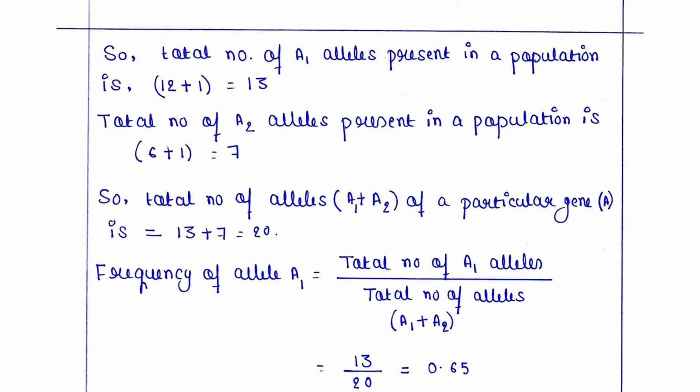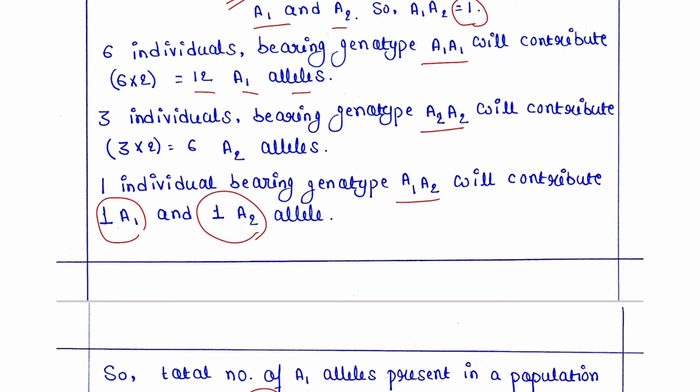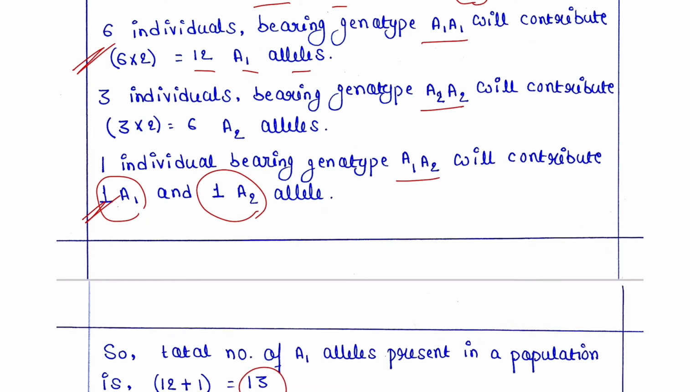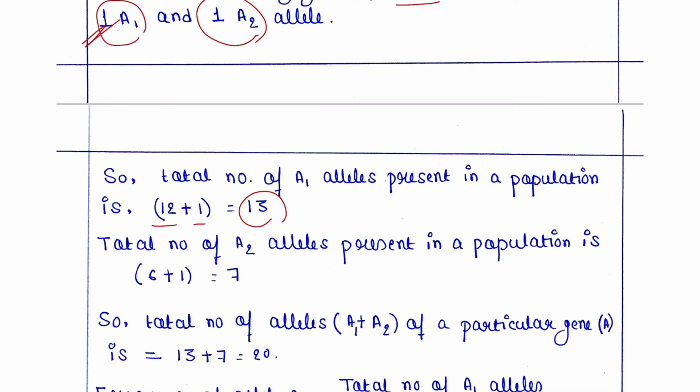So the total number of A1 alleles present in the population is 12 plus 1 is equal to 13. So 12 alleles we are getting from here and 1 allele we are getting from here. The total number of A2 alleles present in the population is 6 plus 1 is equal to 7.